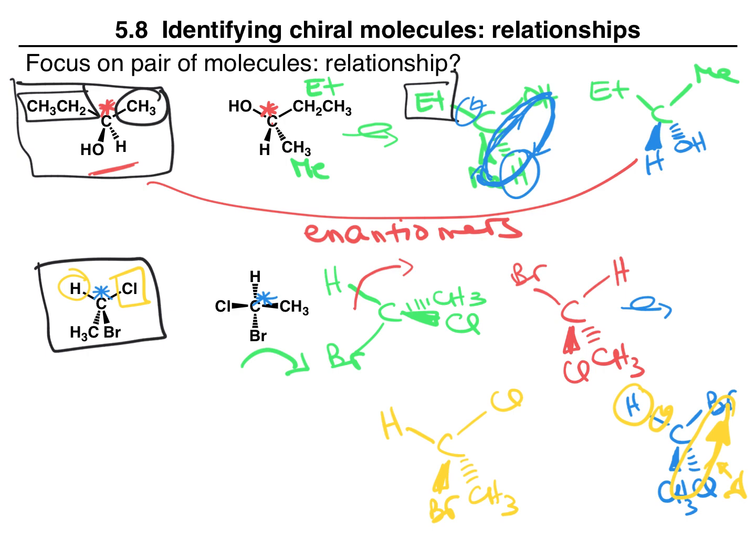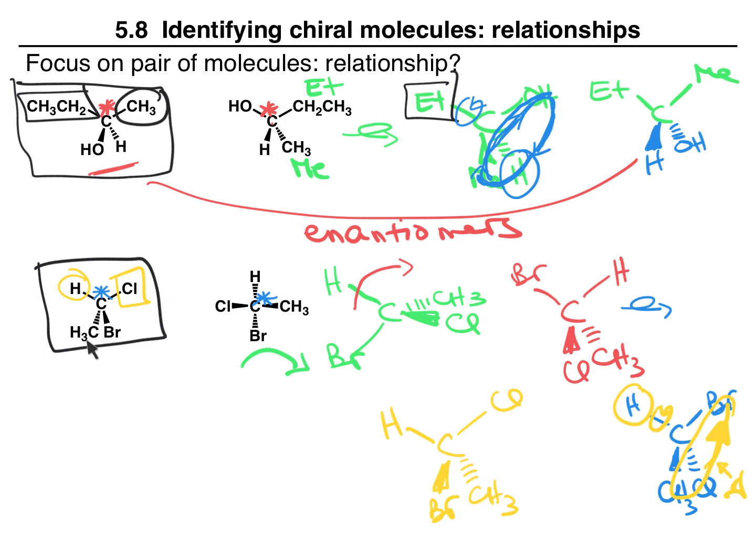So now we can finally compare this representation and this representation. Our hydrogen, carbon, and chlorine are in the plane in the same orientation. We have our bromine in the front and our methyl group in the back.